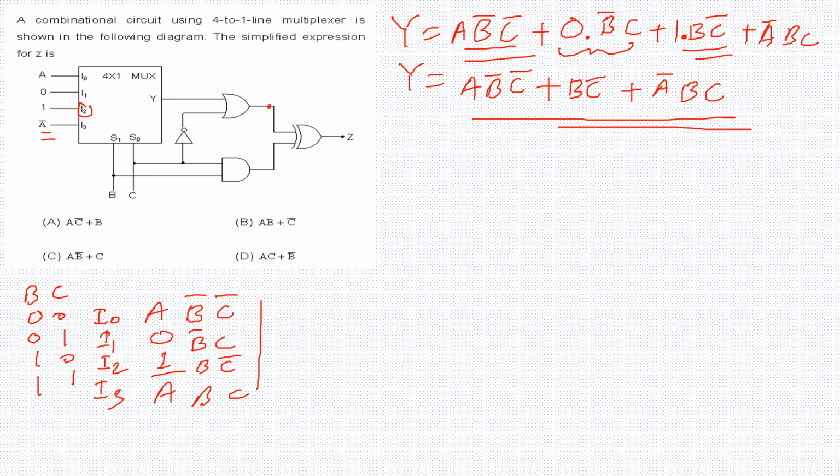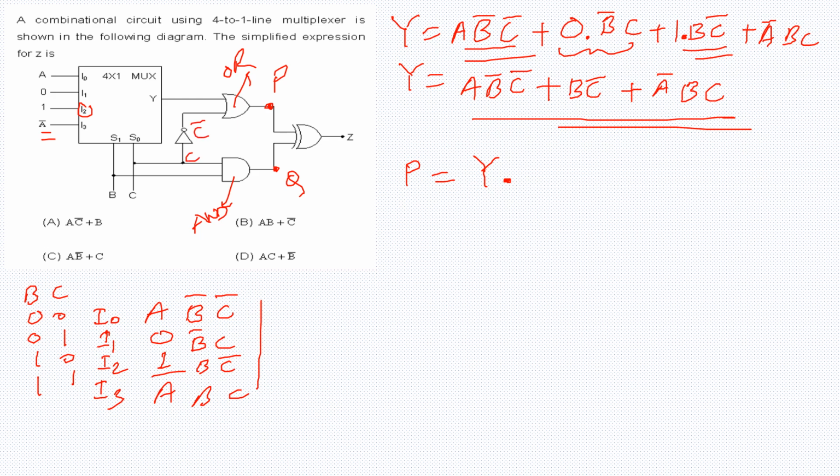Now let us say I name this output of the OR gate as P, and the output of this AND gate as Q. This is the OR gate, and this is the AND gate. So what you need to do is write P as Y, and this S0 is C, and here it will be C bar.